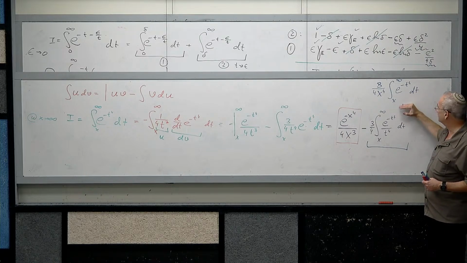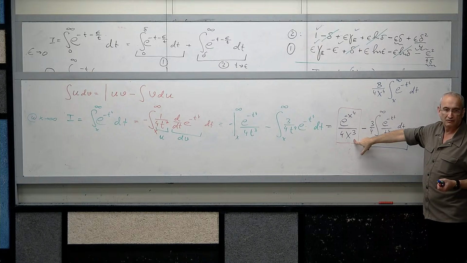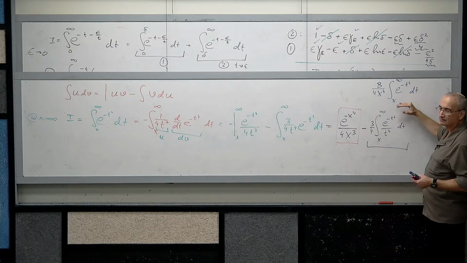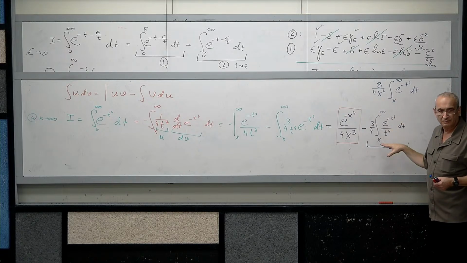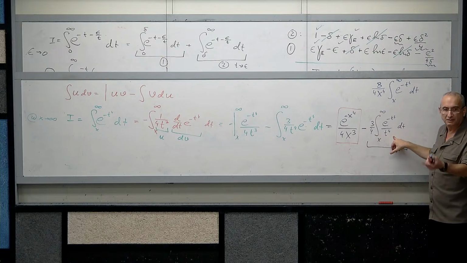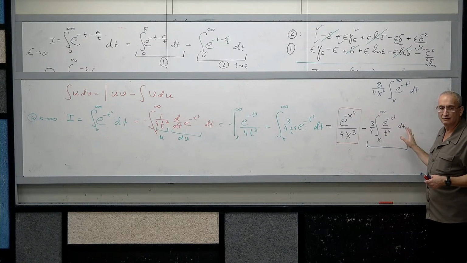So you see that this contribution, whatever it is, will go down like 1 over x to the 4, whereas this one is going down like 1 over x to the 3. And actually you can continue now. You can take this, integrate by parts again, and get the second term and the third term and so on and so forth, and it works.